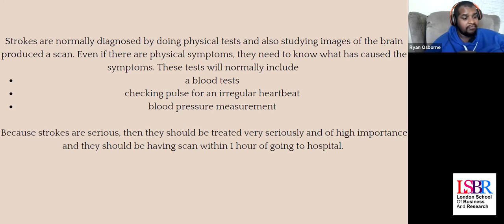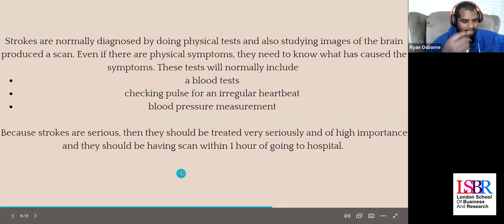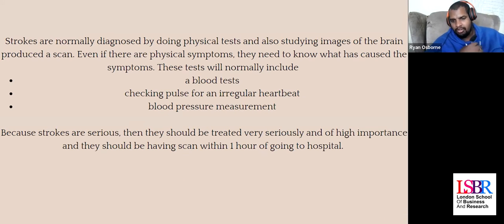Now, it's easy for people to say that you've got to call the ambulance if someone's having a stroke, but sometimes someone might have a stroke that's not as obvious as someone who's limp on one side.